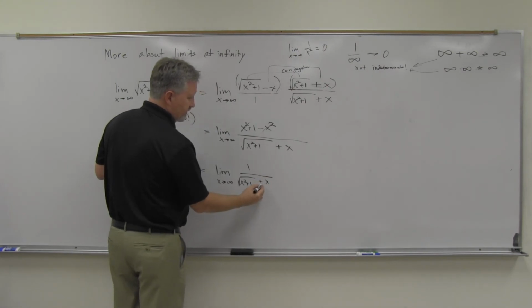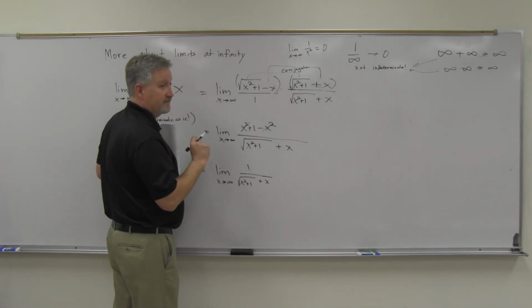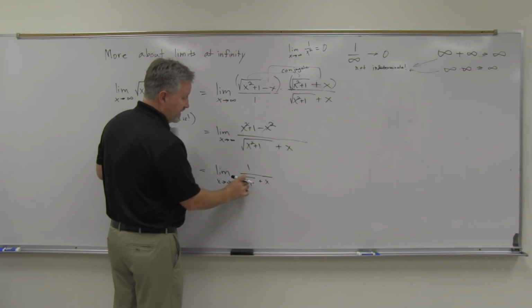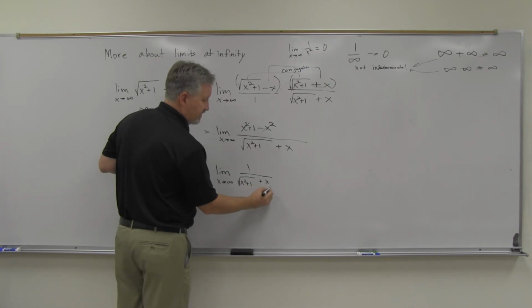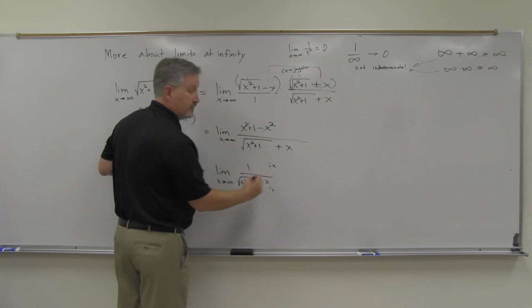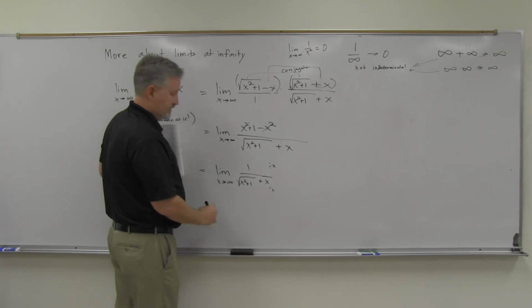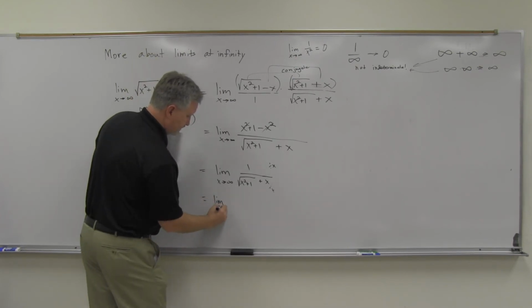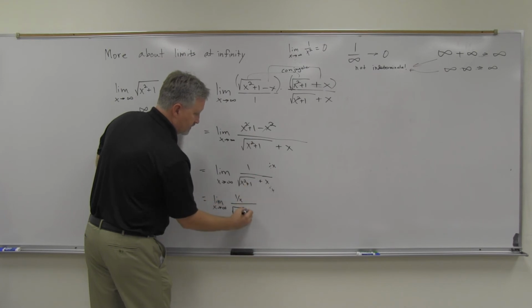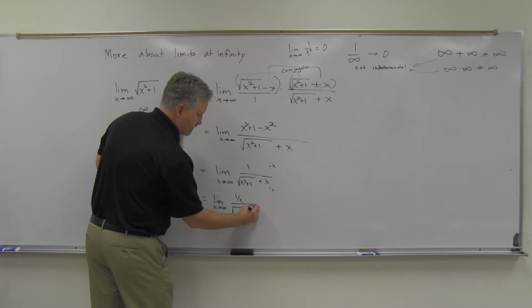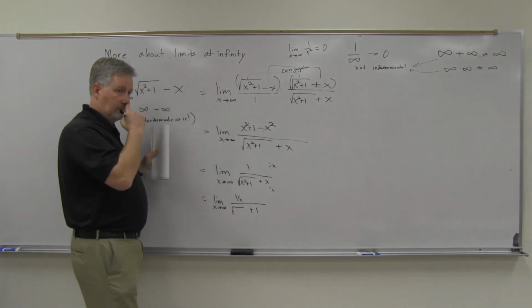If you think about it, the largest power of x here is x to the first power, because I've got x squared, but it's square rooted. That's still x, you see. So I'm going to divide top and bottom by x. So the top I'll have 1 over x, divided by, I'll talk about this square root in a second, and then this part will be plus 1. Okay?